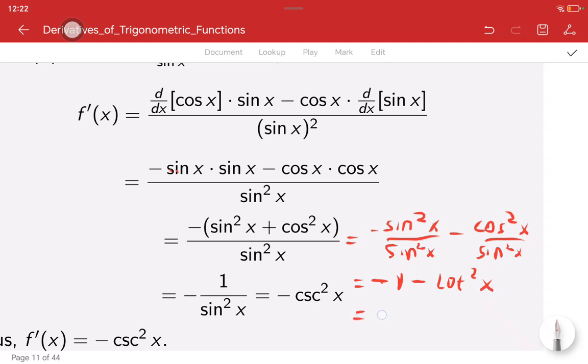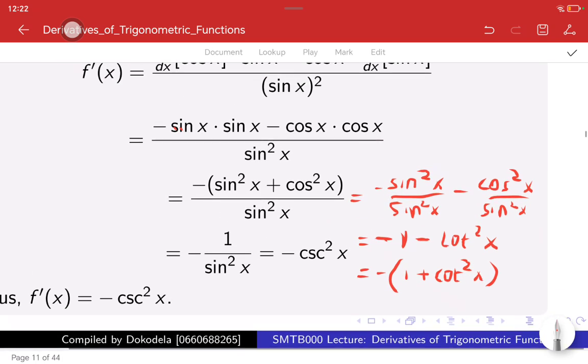And here we know that minus 1 plus cot squared x is equal to, this inside is equal to csc squared x. So if you didn't know that this is equal to csc squared x, this inside 1 plus cot squared x, you must know those properties.